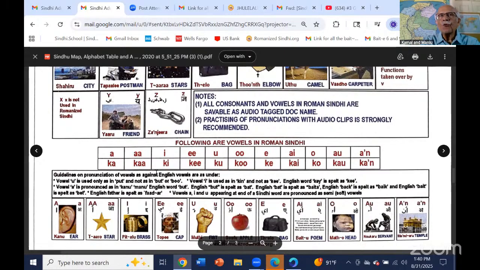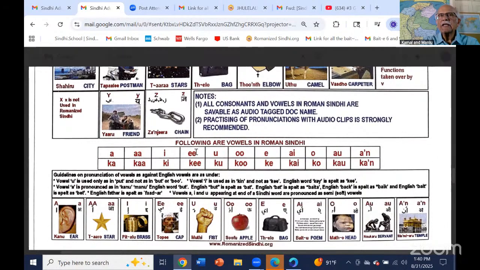Now, first four vowels, A, E, E, A, E. These first four vowels, if they are at the end of any word, then that word is assumed to have feminine gender.